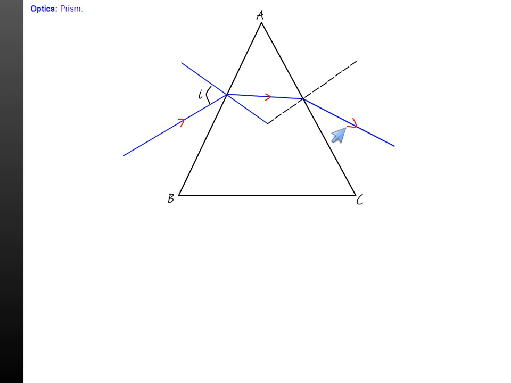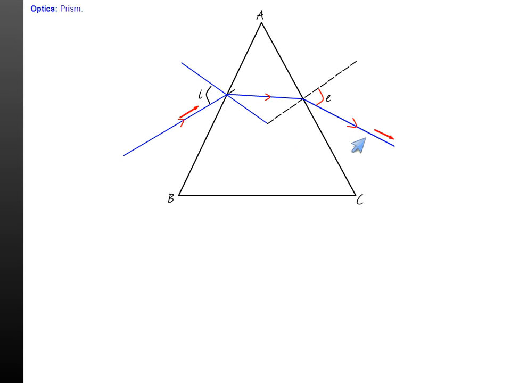And E is the angle of emergence. Okay. Now friends, by how much angle is this incident ray deviated? Initially the incident ray was moving in this direction, and finally the emergent ray is moving in this direction.